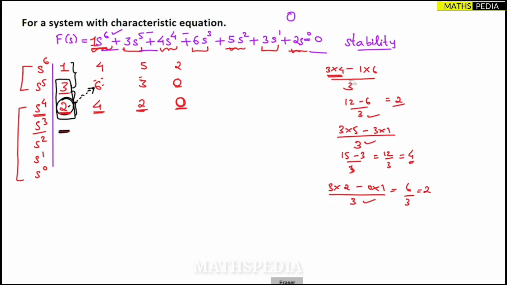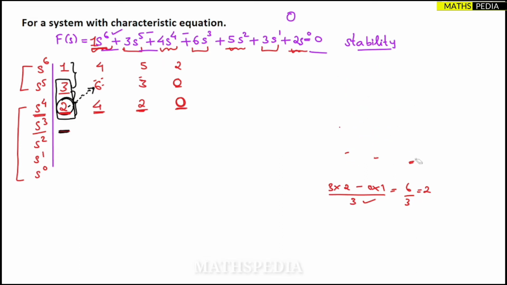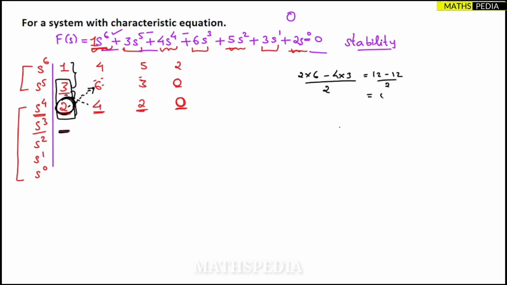Okay, I'll just remove all this. 2 into 6 minus, that is 4 into, or 3 into 4 divided by what is the element here? It is 2. Remember this is the element now. That is equal to 12 minus 12 by 2, it is 0 by 2, which is 0. So I have to write it here as 0.